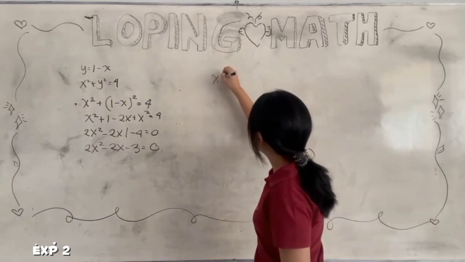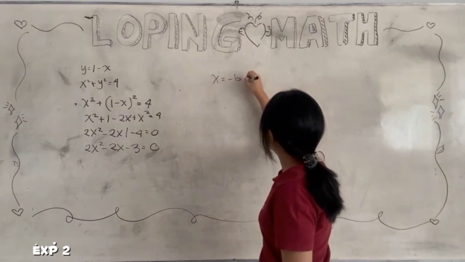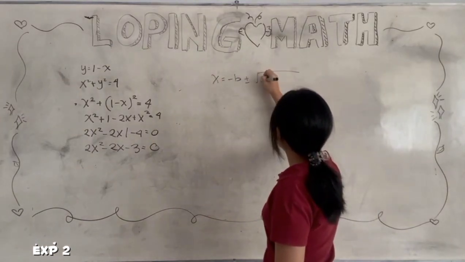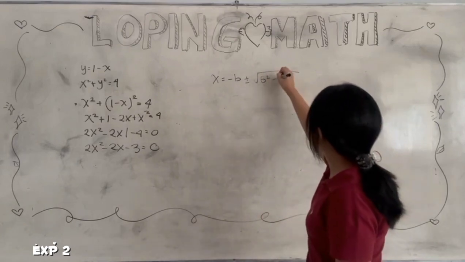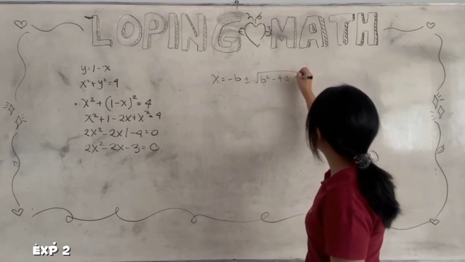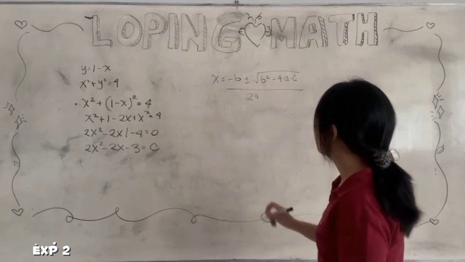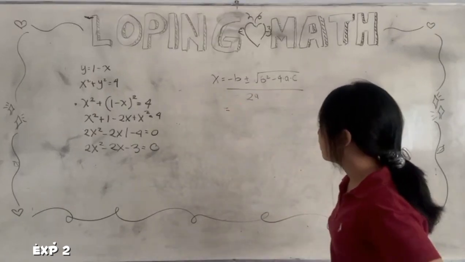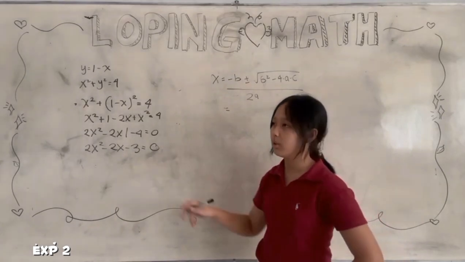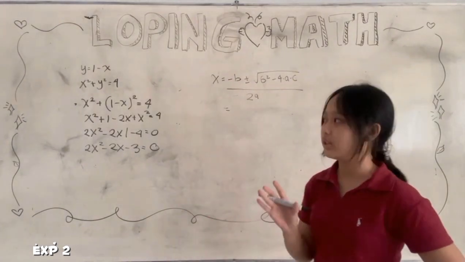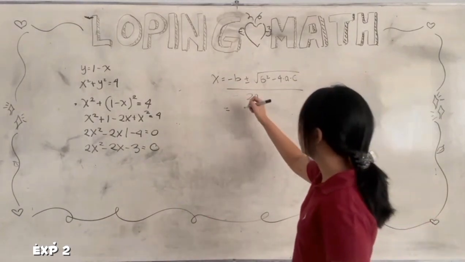So, minus b plus or minus the square root of b squared minus 4ac, over 2a. As we know, the b here is minus 2, so minus 1 times minus 2 will be positive 2.